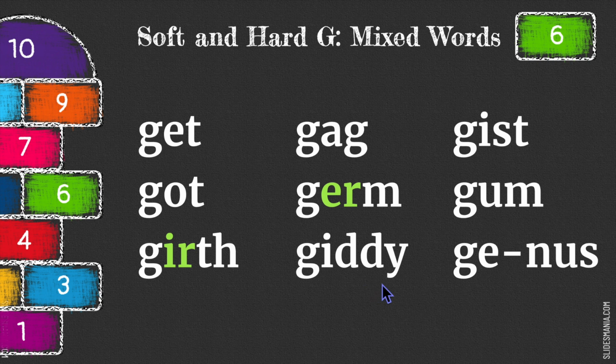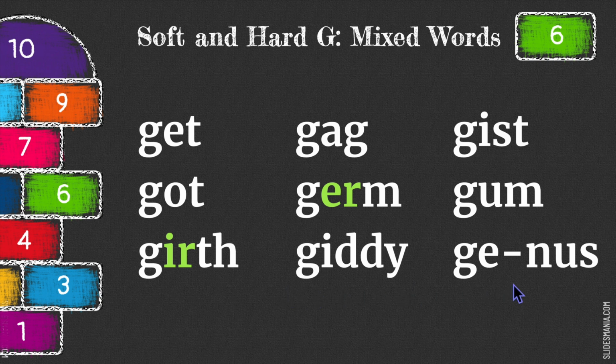Here's another G word where although it's followed by an I, it still uses the hard G sound. Remember that a Y at the end of a long word usually has the long E sound of E. G, id, E, giddy.